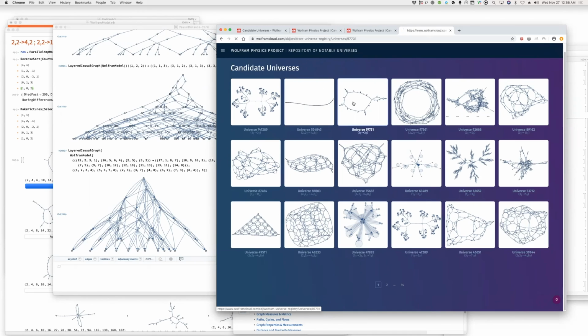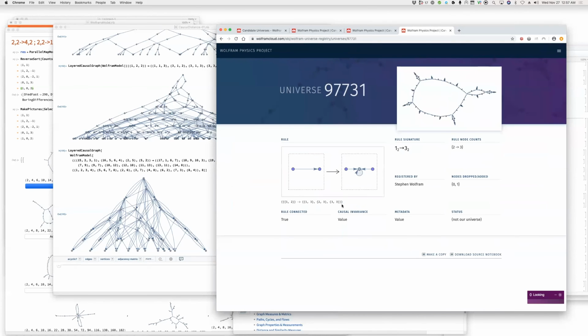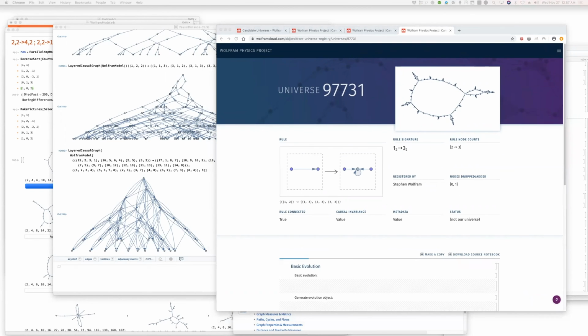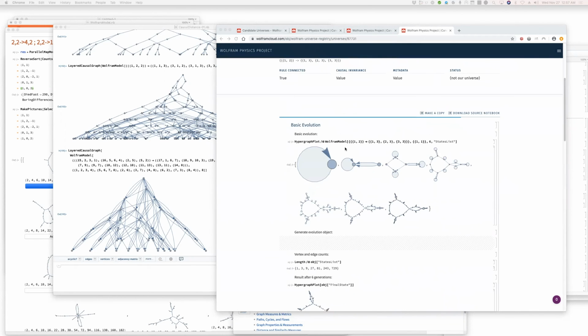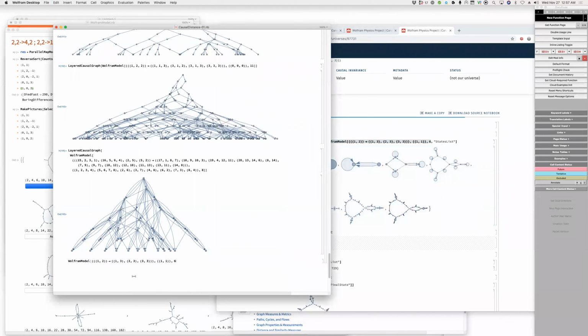Let's take a look at some crazy guy like that. So this is probably going to be quite tree-like.